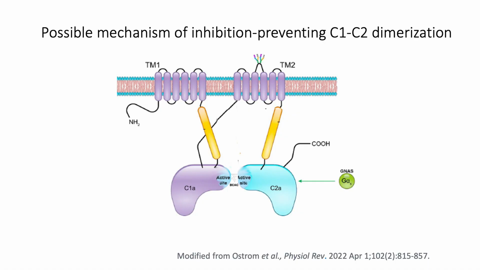Because now if you propose that part of the role of the membrane is to limit the interaction between C1 and C2 by some sort of steric means, if you make a membrane extract, you take that away. There's a synthetic form of the enzyme where people have simply produced the C1 domain and produced the C2 domain and allow them to dimerize independent of a cell, that would also potentially take away that interface for the compounds to work.